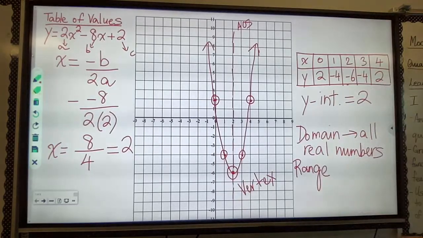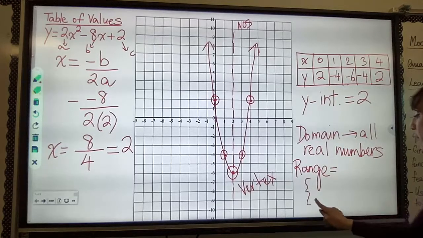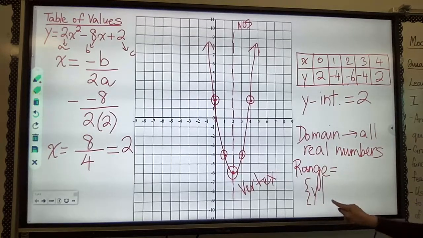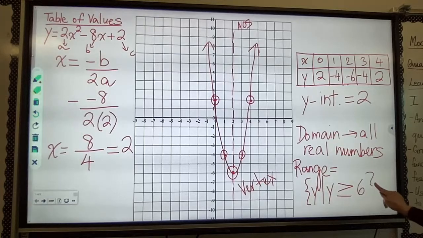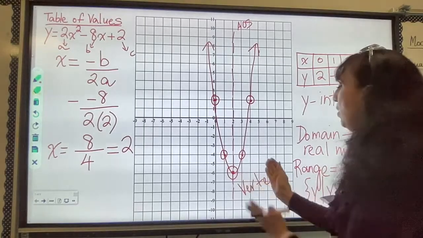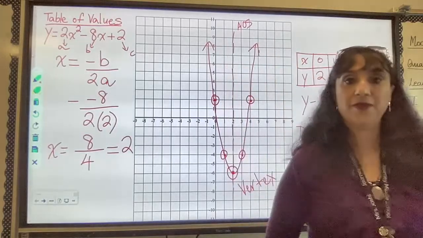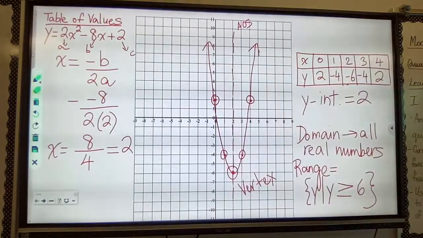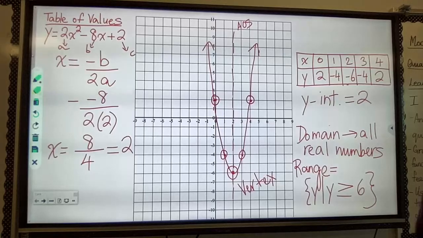So my range is the set of y such that y is greater than or equal to 6. And that is my range, because you can see that's the lowest point, and then everything is above. Okay, and that's how we graph this.